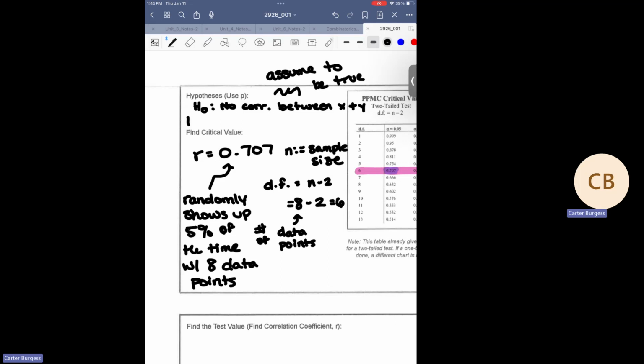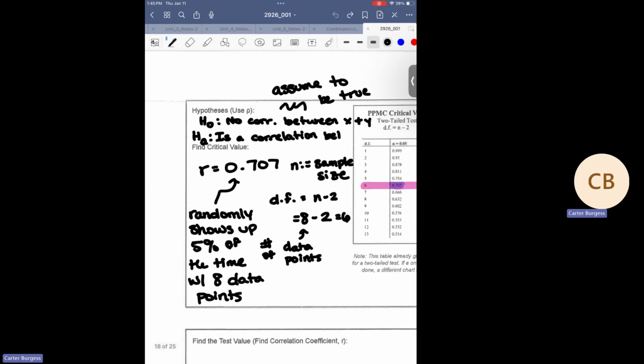Very good. This is referred to as the alternative hypothesis. Because it's alternative, you'll see this denoted as H sub A. And this just says that there is a correlation between X and Y. So the null is that this is just random, this is just lucky or unlucky, depending on your perspective.